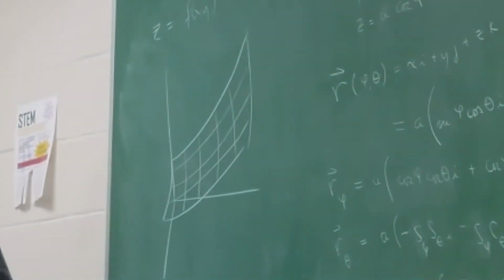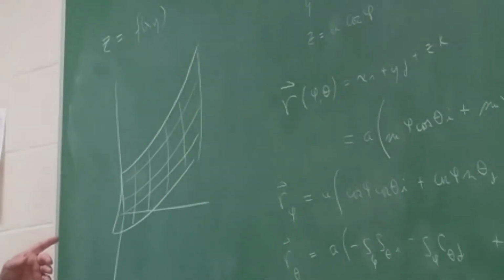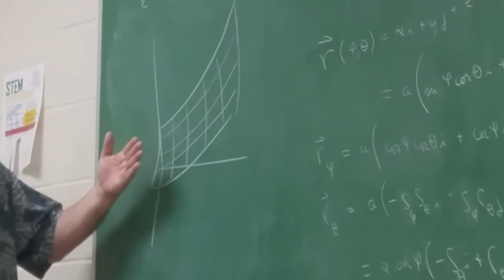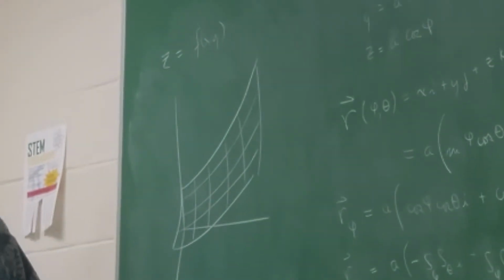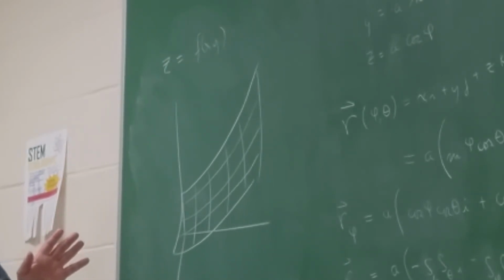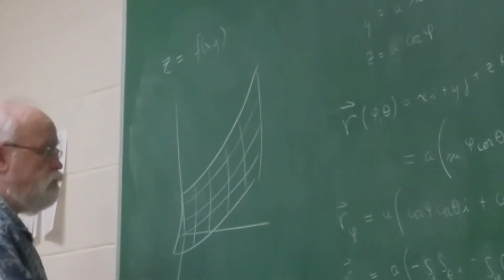But over here, this is a line of constant x. So I'm gonna use x as a parameter. And I'm gonna use y as a parameter. Okay?